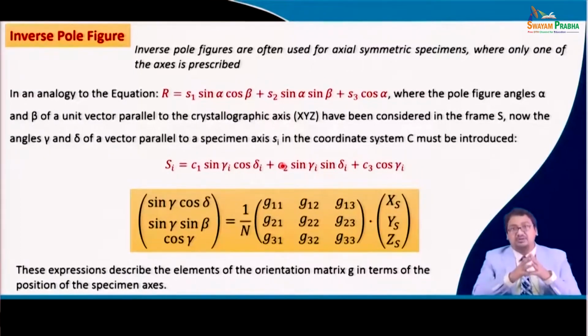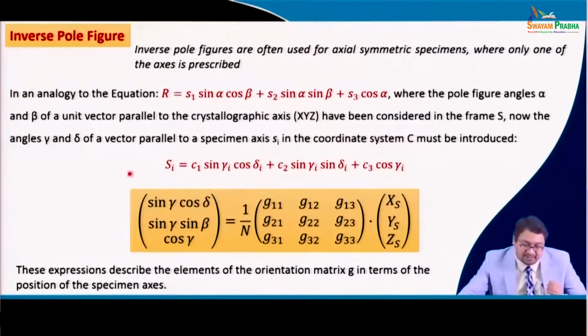In this case also there is the relationship of the crystal coordinate system; in the case of the pole figure this was the sample coordinate system.